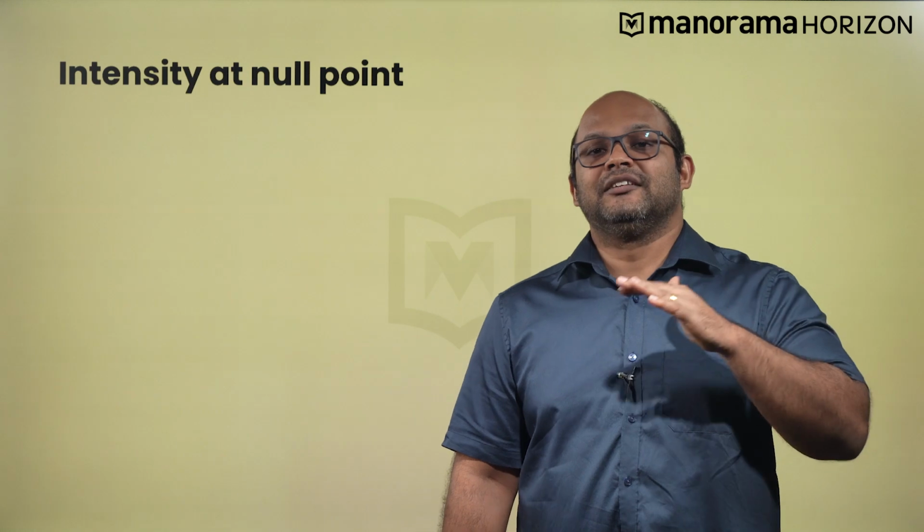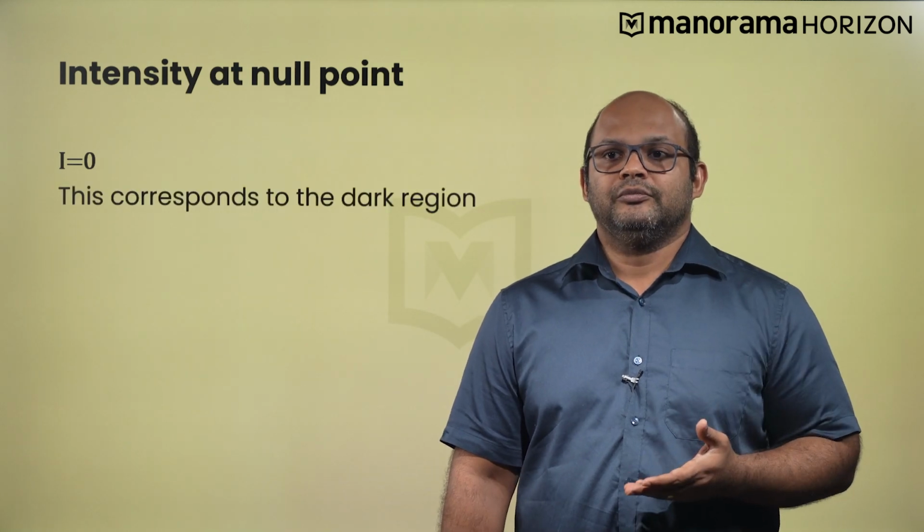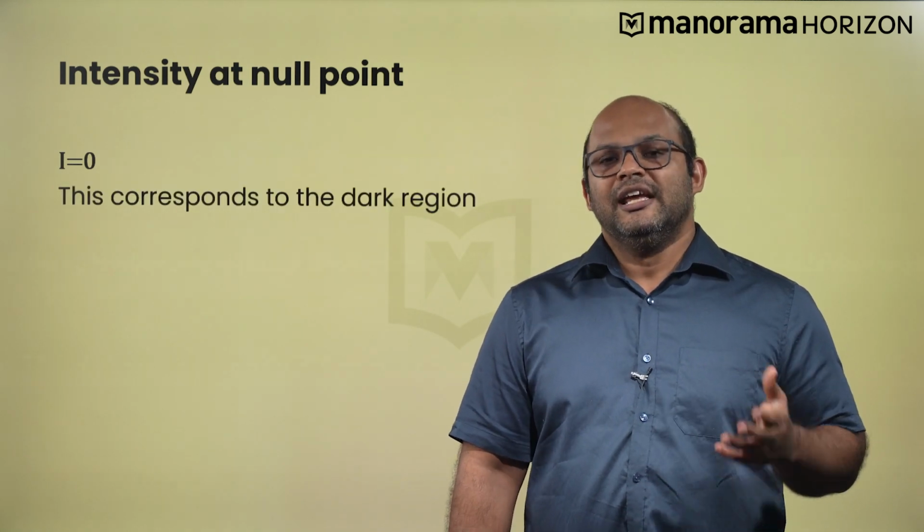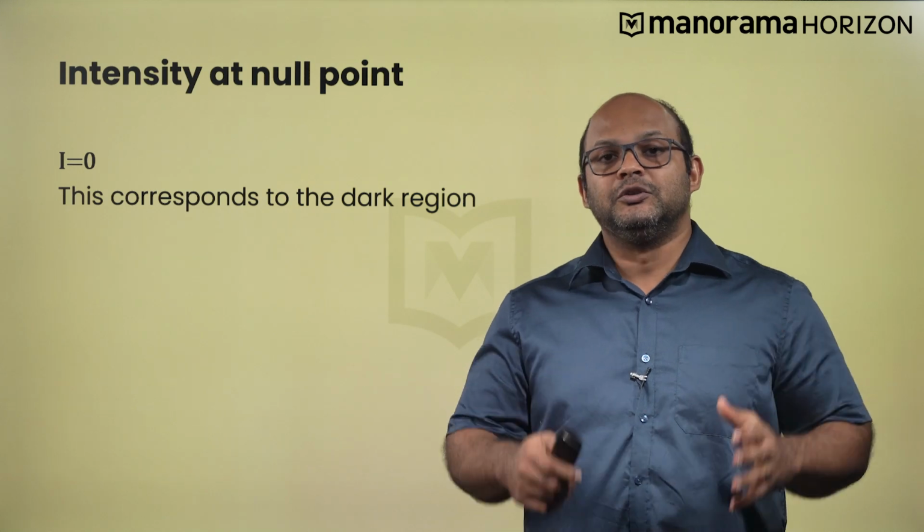What about the intensity at the null point? Well, in this case, we are talking about the height of the wave at a point of perfectly destructive interference. In other words, the crest of one wave is meeting the trough of the other wave and they are cancelling each other out. So obviously, the intensity here will be equal to 0, which corresponds to the dark region if you are performing the same experiment with two sources of light.